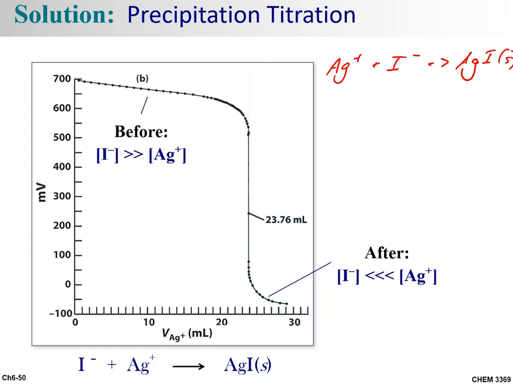Okay, so at the equivalence point, the moles of silver plus ions and iodide ions will be equal, right? Should be the same.